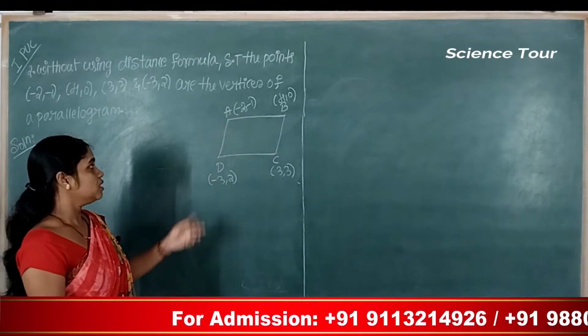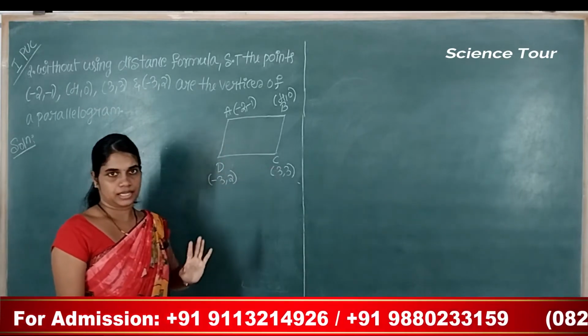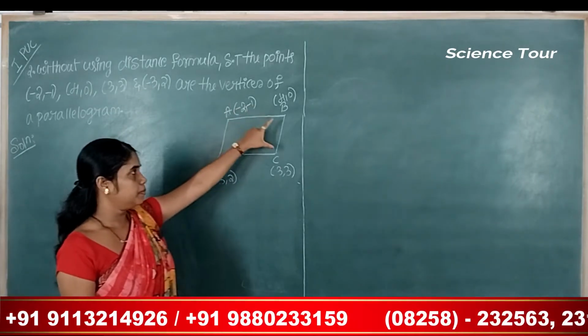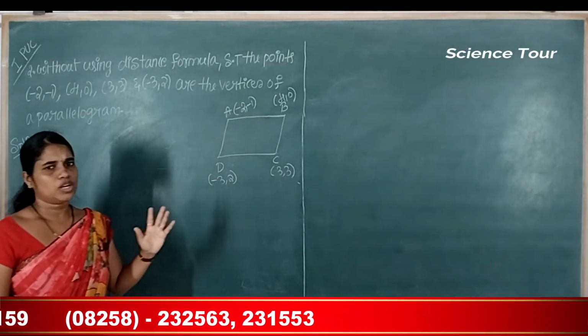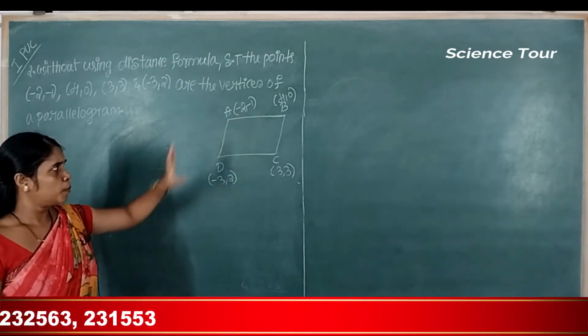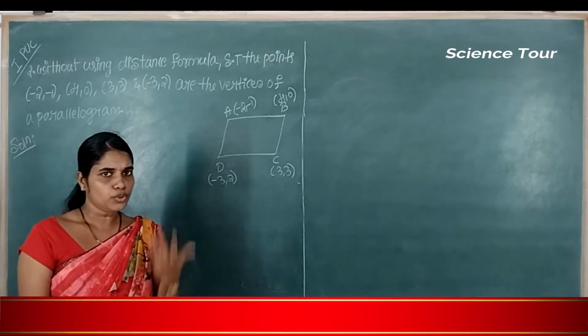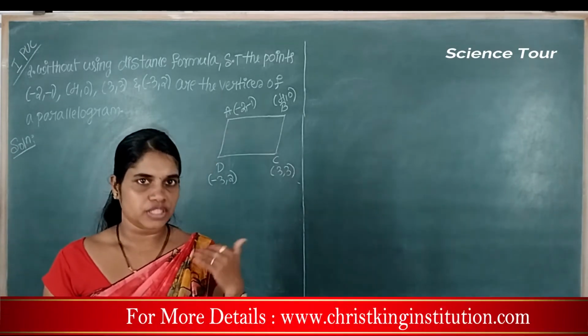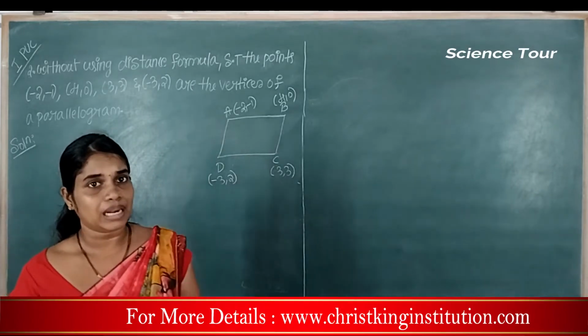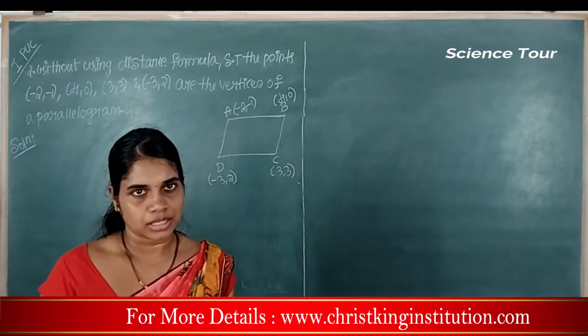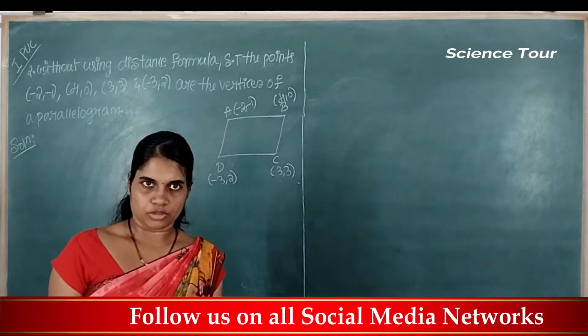Another pair is AD and BC, which are also parallel. So to prove this is a parallelogram, it is enough to prove the opposite sides are parallel. If you prove the opposite sides of this given quadrilateral are parallel, then that is nothing but a parallelogram.